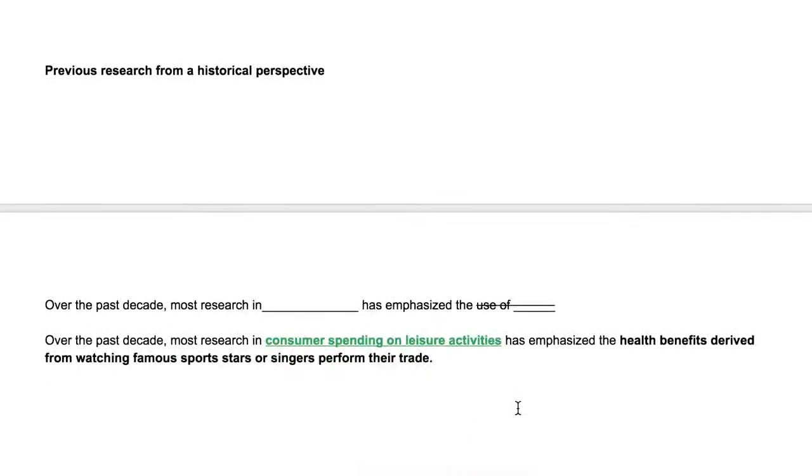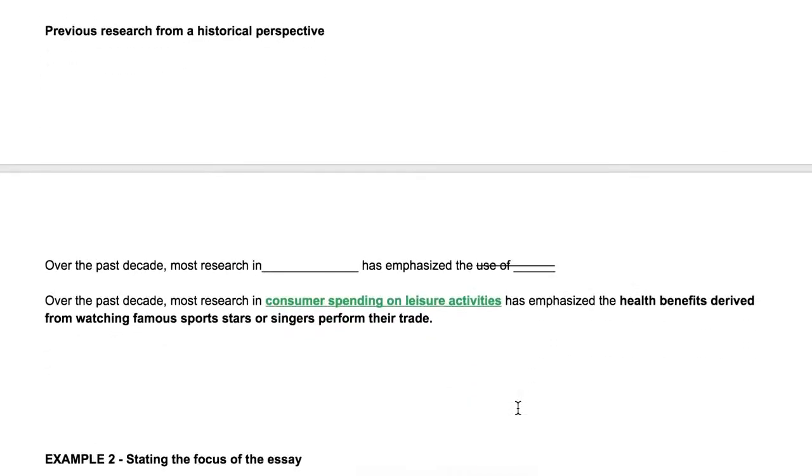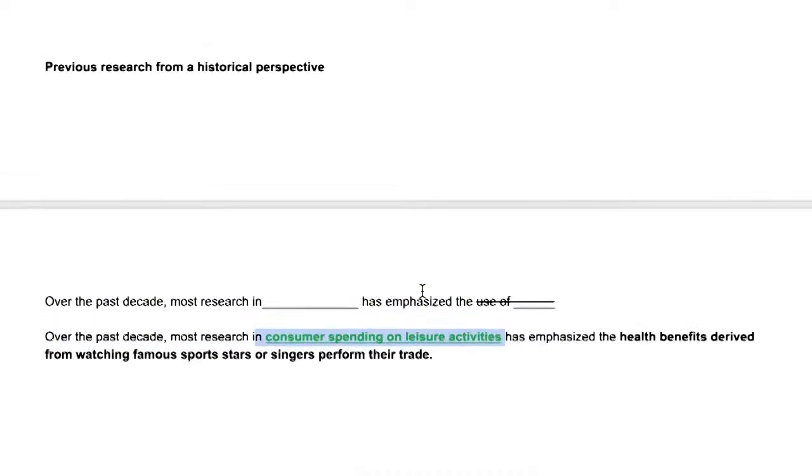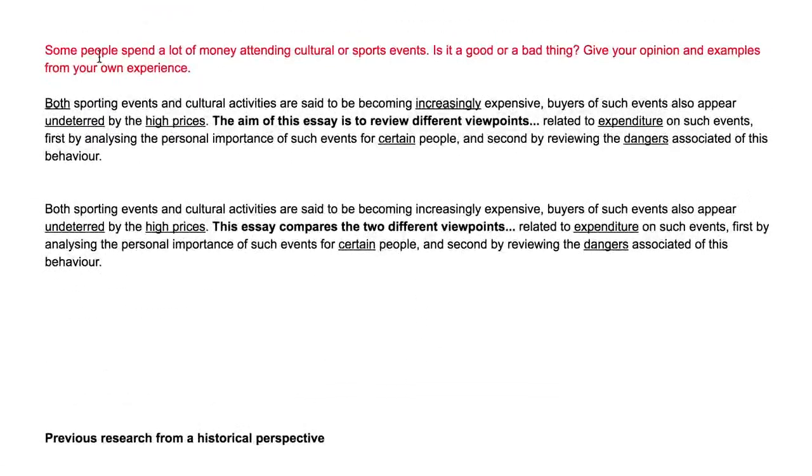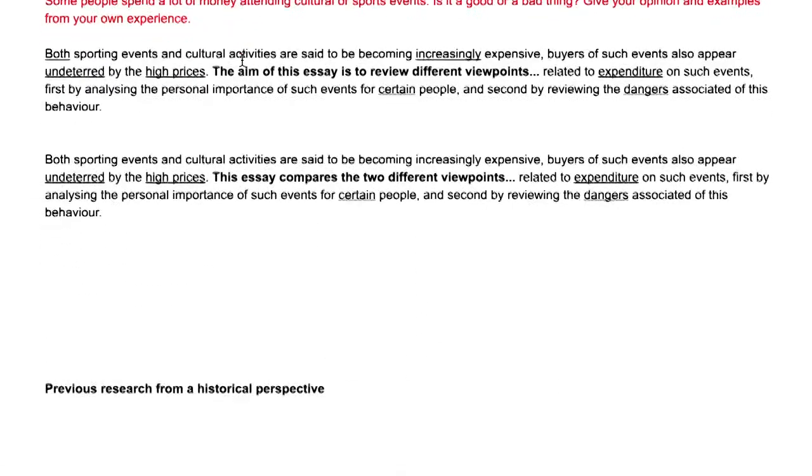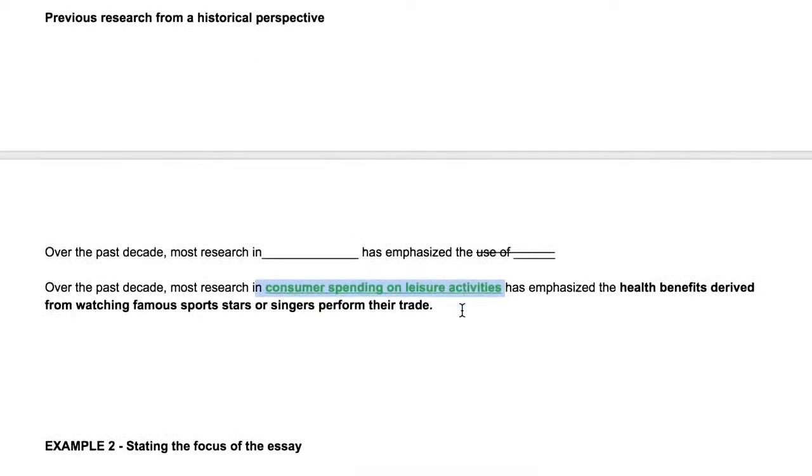Now, my favorite, previous research from a historical perspective, okay? So here I use this sentence, over the past decade, most research in consumer spending and leisure activities, which is basically people spending a lot of money on cultural or sports events, has emphasized the health benefits derived from watching famous sports stars or singers perform their trade.